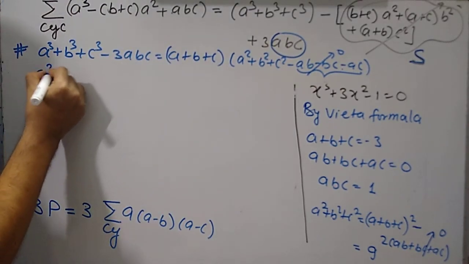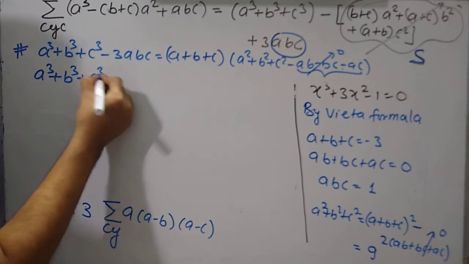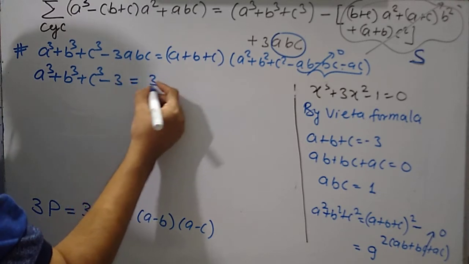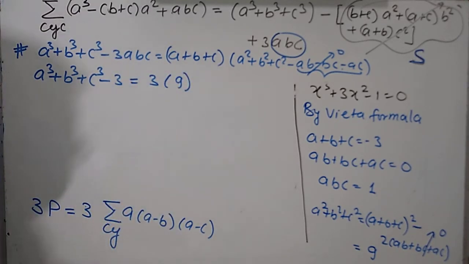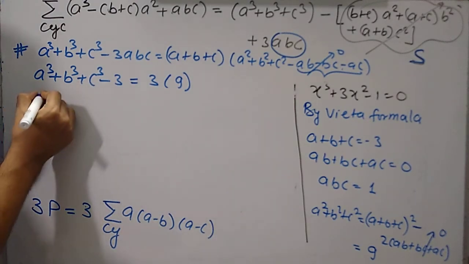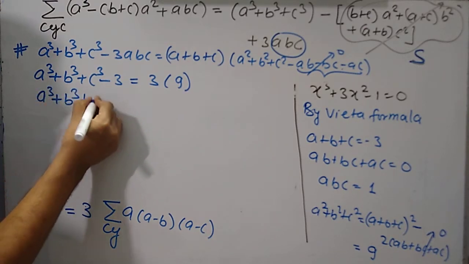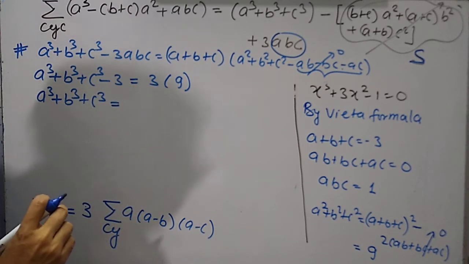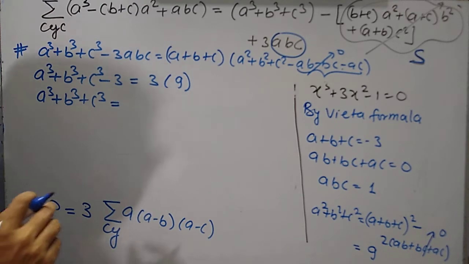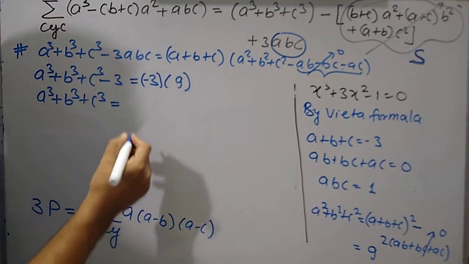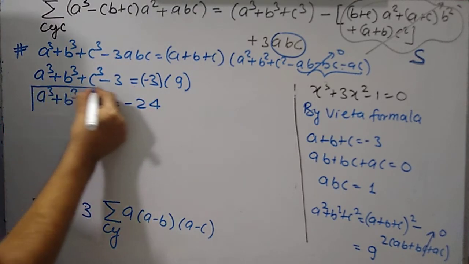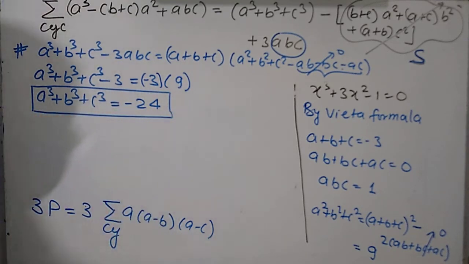So we get a cube plus b cube plus c cube minus thrice abc, and this is minus 3 times 9. So a cube plus b cube plus c cube equal to minus 27 plus 3, which is minus 24.